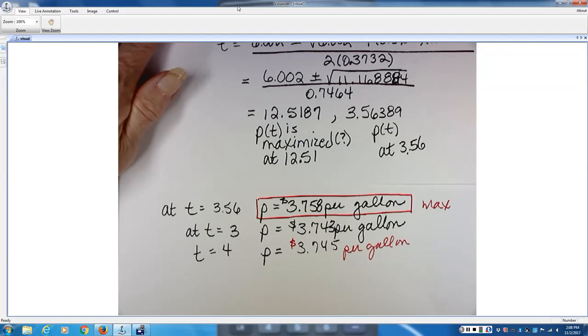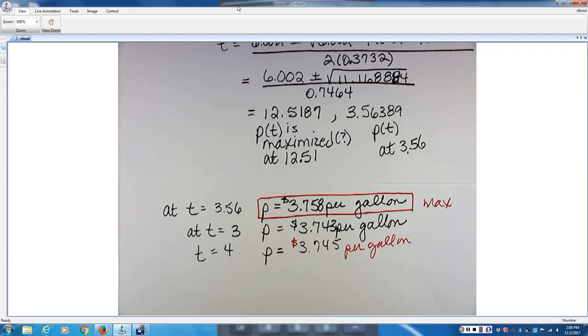So I think we've answered the question that they asked us. But now let's try to put it in context.